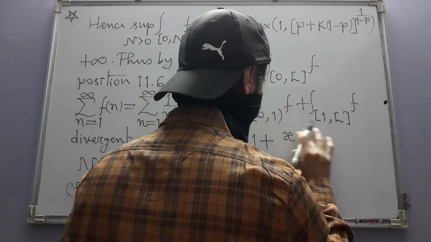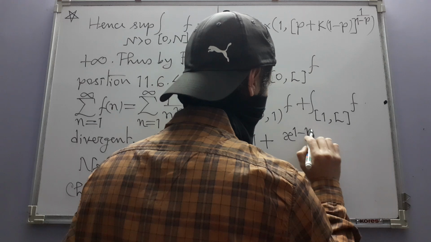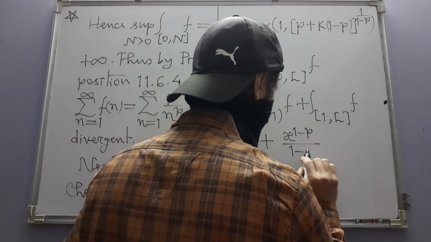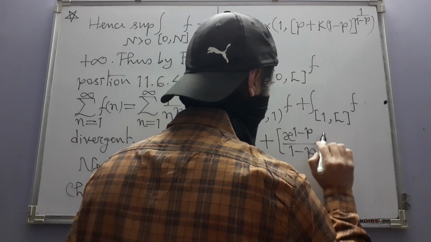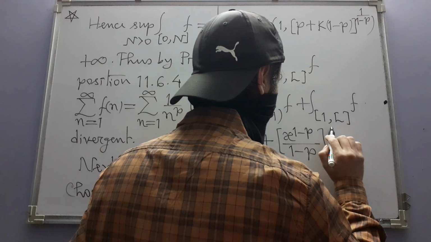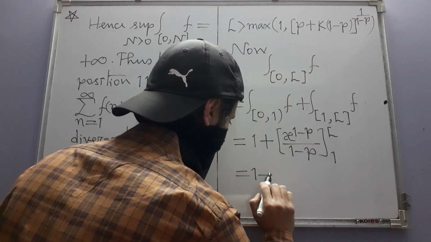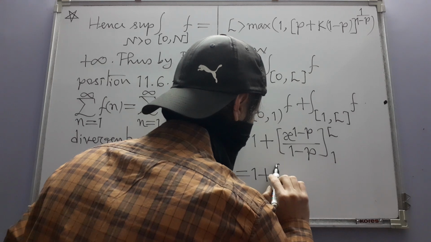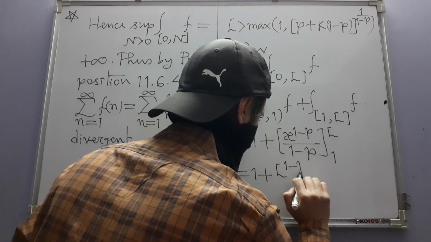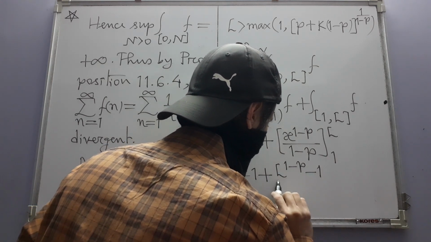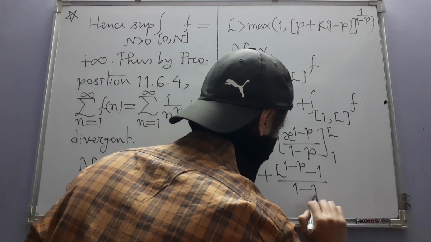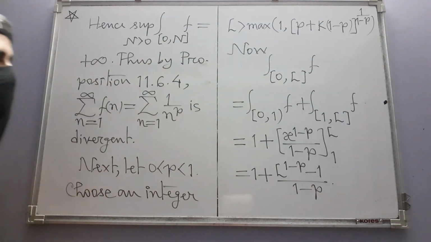So the antiderivative is this. And when you put the limits, you are going to get L to the power 1 minus p minus 1, divided by 1 minus p.